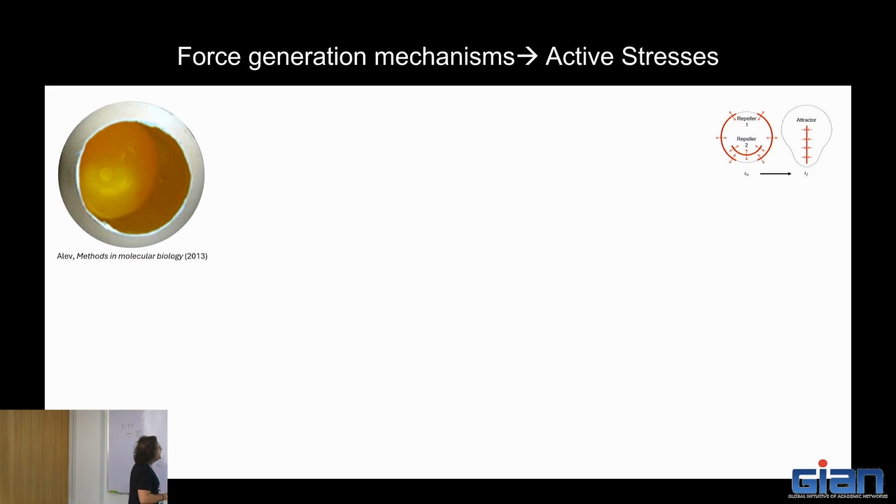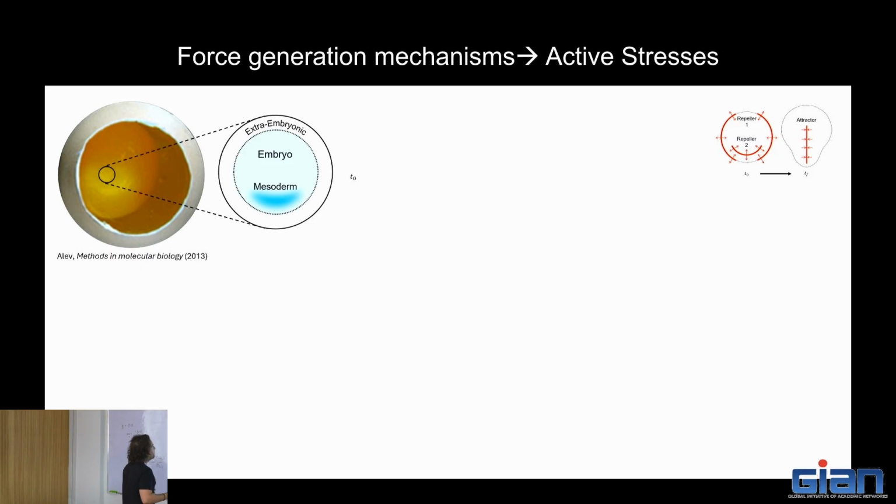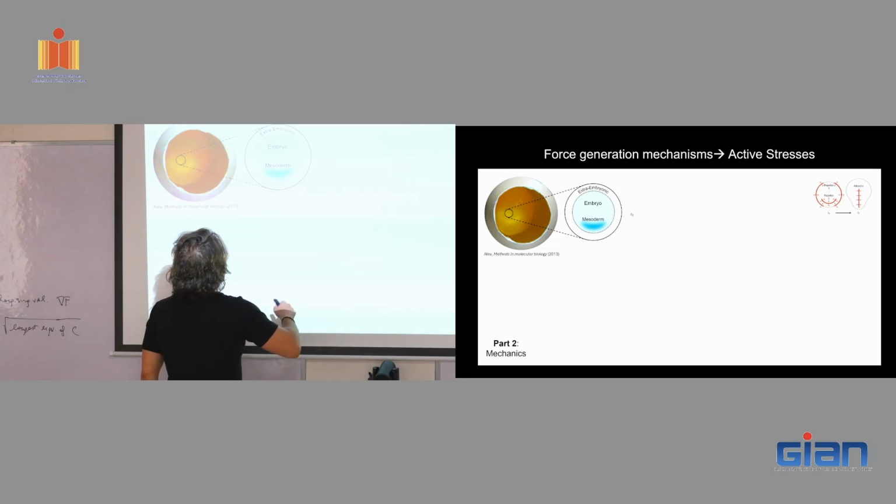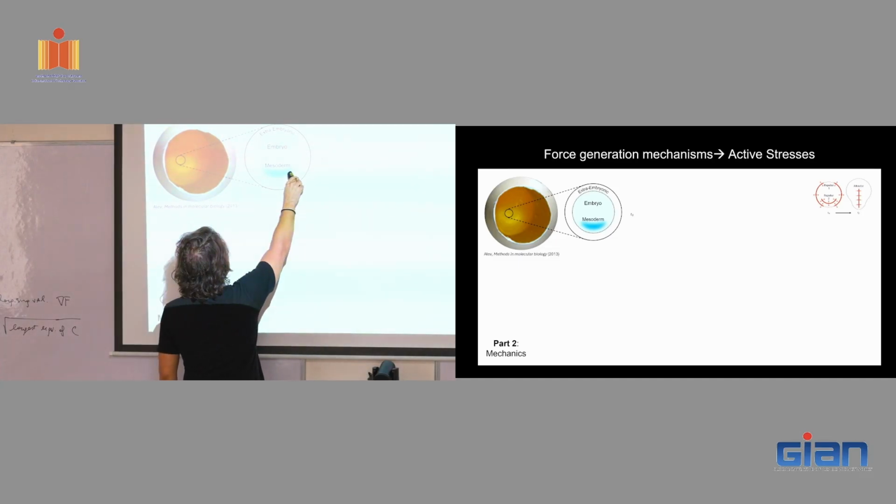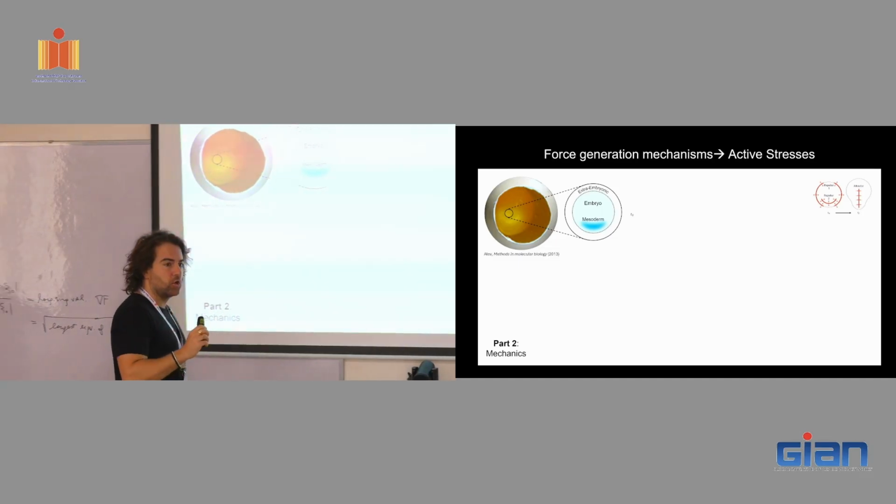So when you look at this system, again, remember this is a little disk at the initial time. There are 2 cell types. There are the embryonic cells. Then there is an extraembryonic ring. These are the cells that will eventually be separated by repeller number 1, so they will not form the embryo. And within the embryo, there are some cells in the posterior that are different. They are called mesoderm.